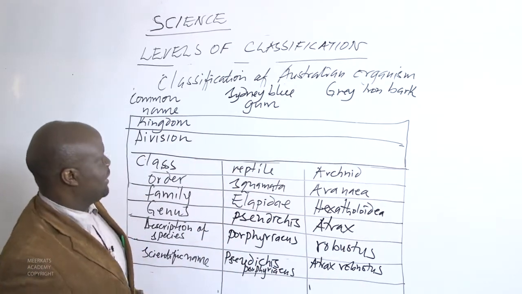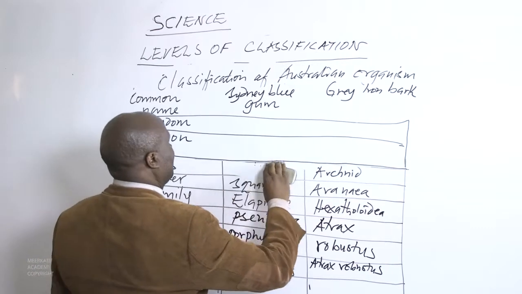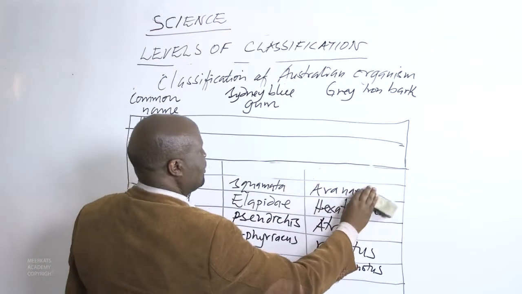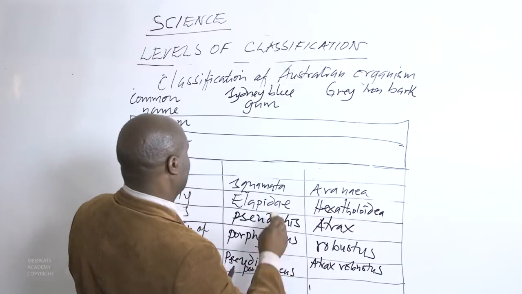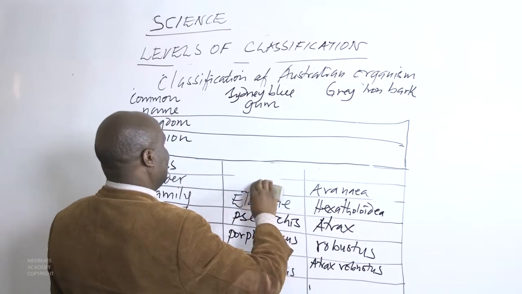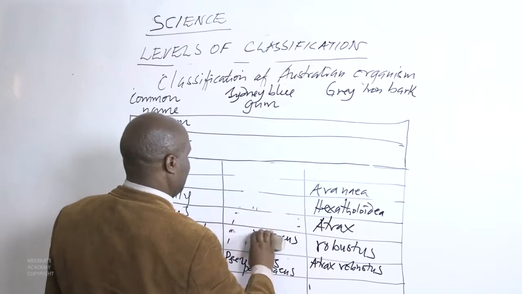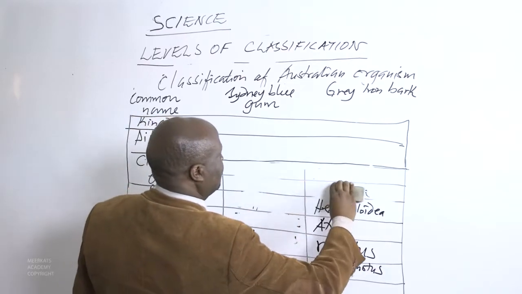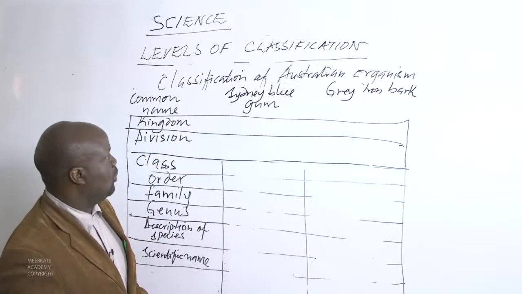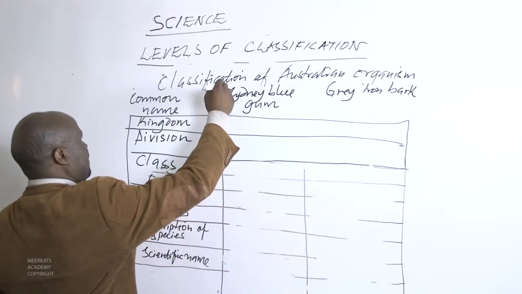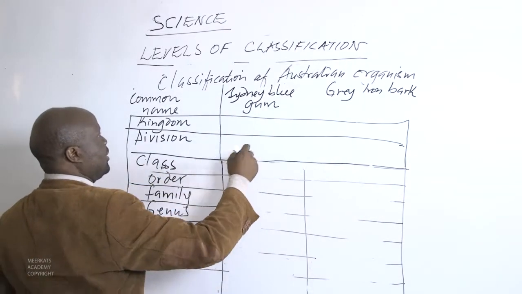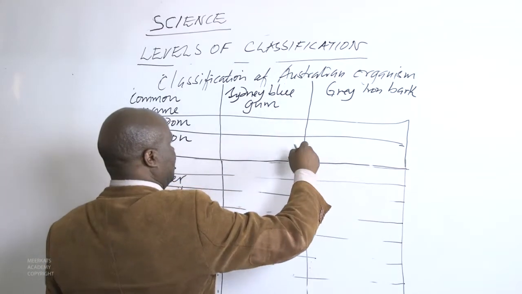However, the characteristics that are within here are for animals, so we want to get the correct classes for the plants. So we can still have our table for classification.